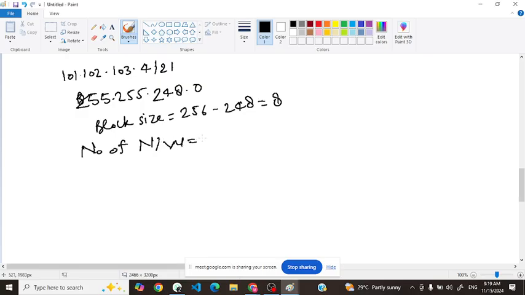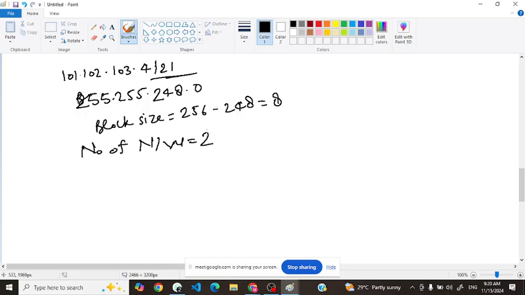Number of networks, Subhajit? Number of networks 2 to the power 5. How are you calculating 2 to the power 5? It's a class A network. So 21 minus 8 gives 2 to the power 13.